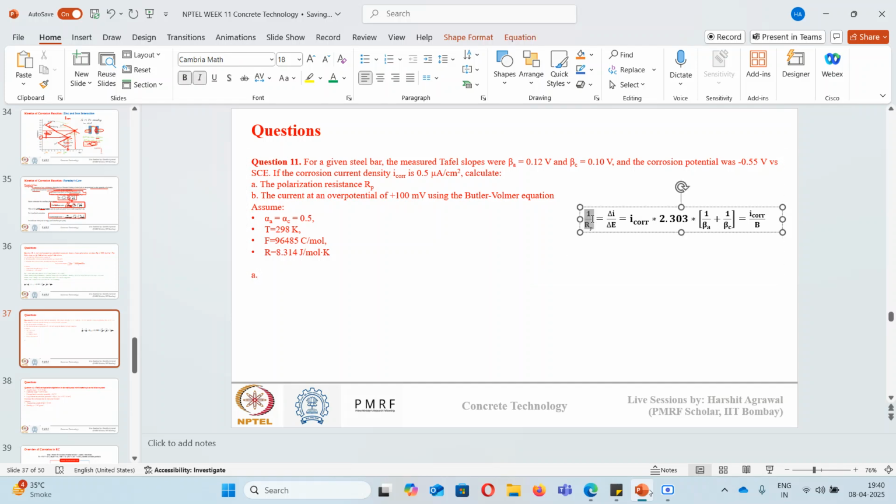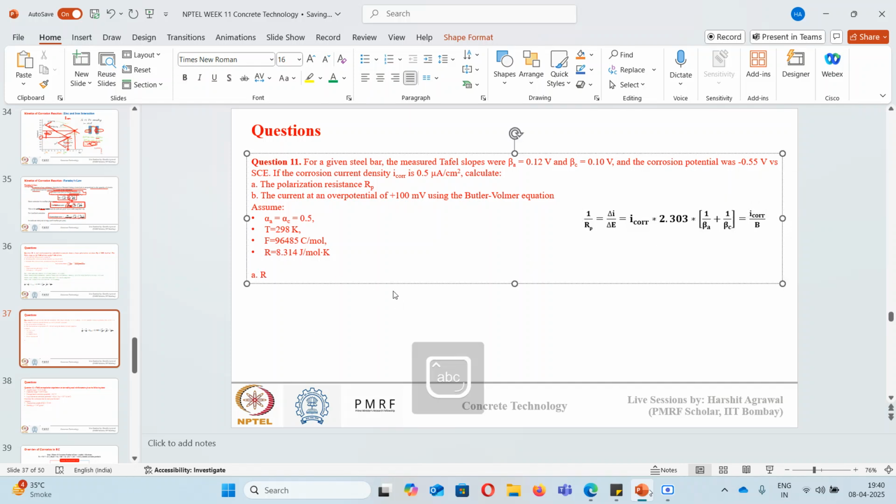You just need to use this relationship: 1 upon Rp is equal to I_corr times 2.303 into 1 upon beta A plus 1 upon beta C. If I do the inverse, Rp will be nothing but beta A times beta C upon 2.303 I_corr times beta A plus beta C.